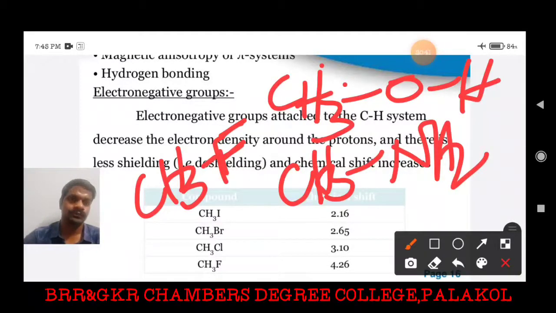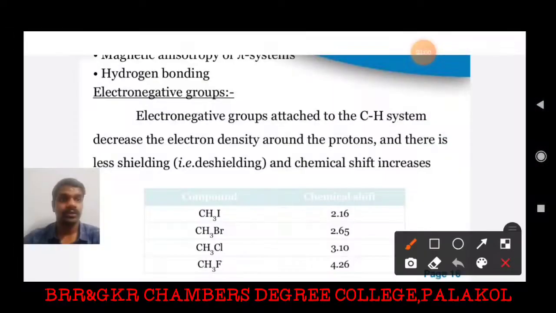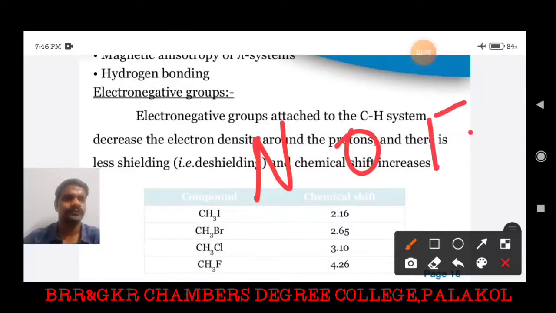So here oxygen, nitrogen and fluorine, all these elements are present in the same period.